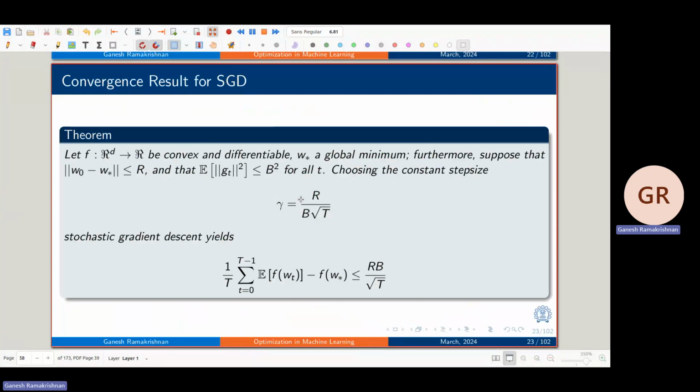Where B arises from stochasticity, from Lipschitz continuity in expectation.